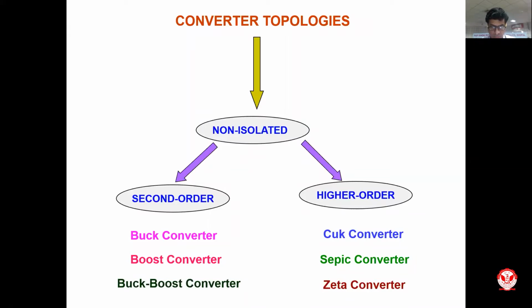If you make the transfer function for these converters, you will find that the small signal transfer function will have a denominator which has a maximum power of 2, s to the power 2. So that indicates that your converter is a second order converter.